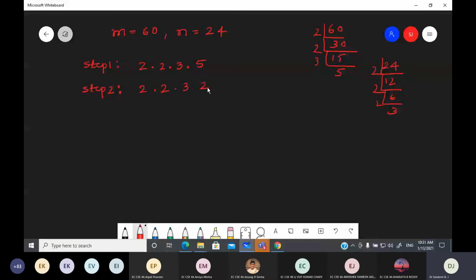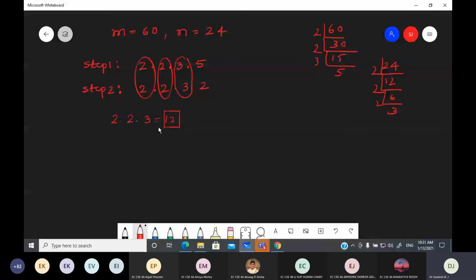So now what are the common factors here? 2 and 3. Then you are going to have 3. So you'll get 12 as the GCD.